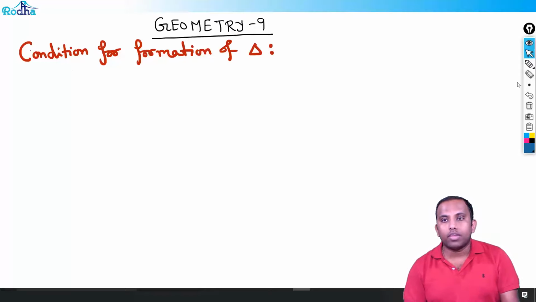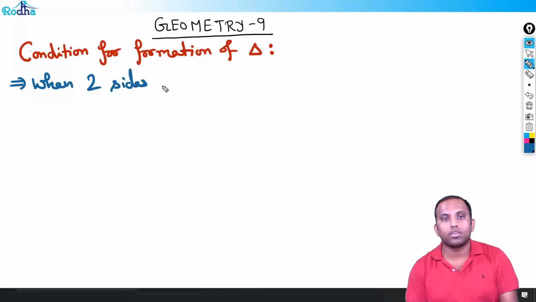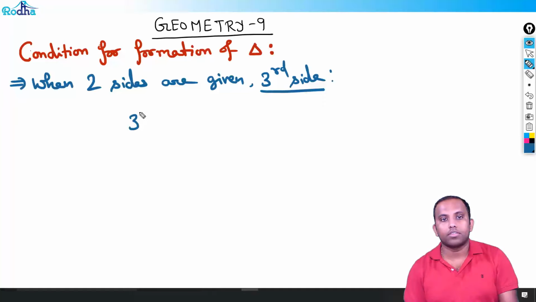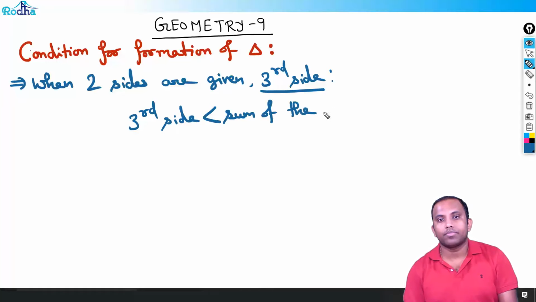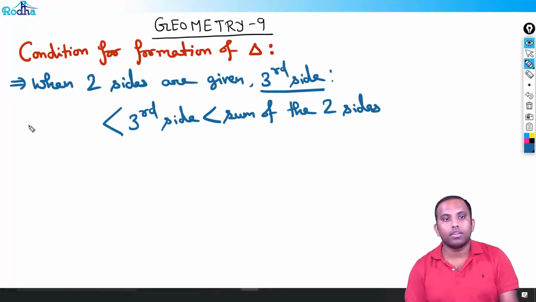See, when two sides are given, the third side should always be less than the sum of the two sides and should always be greater than the difference of the two sides.